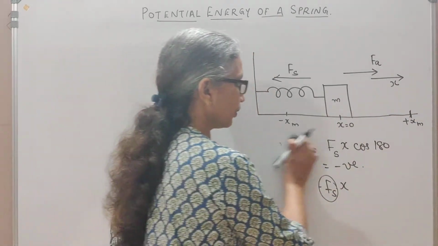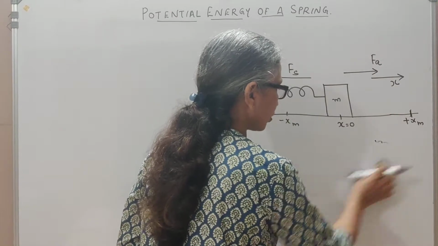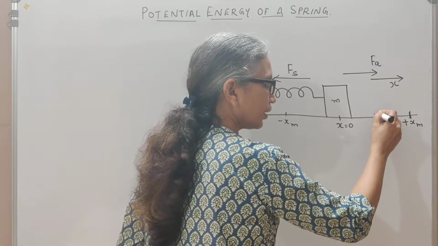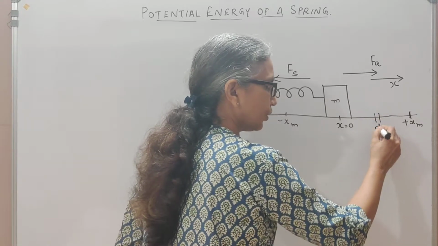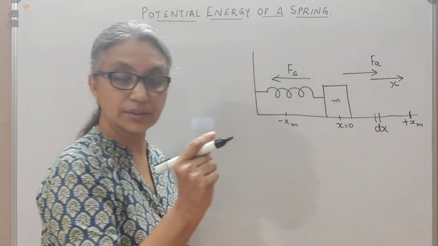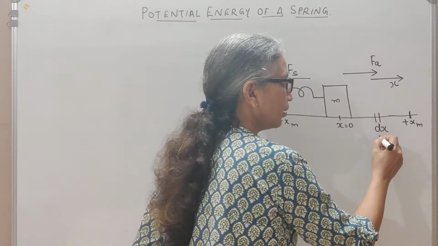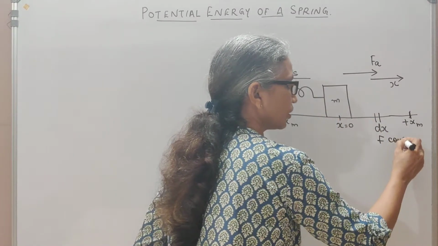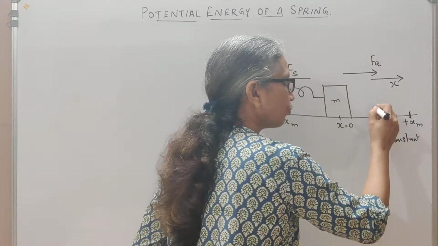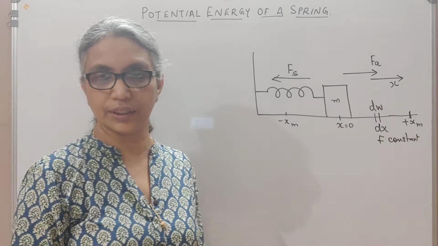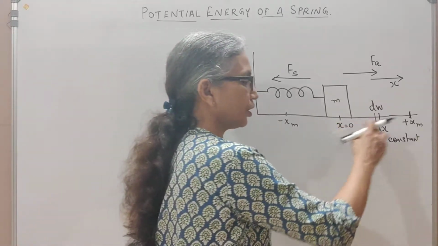So then what we'll do is divide that total interval, starting from here till here, into very small intervals of dx, and because dx is an infinitely small interval, you may assume that in that interval the force is a constant. Then we find the small work done in that small interval using the formula F dx, and then integrate from 0 to xm.